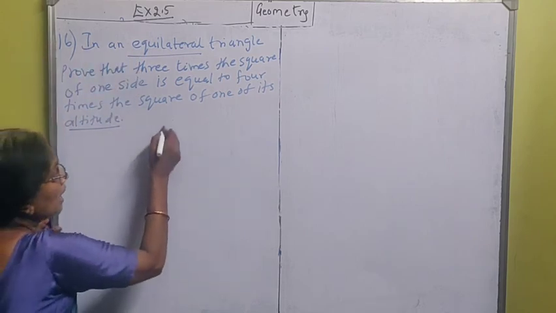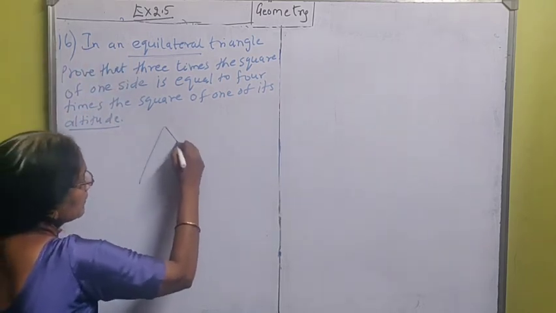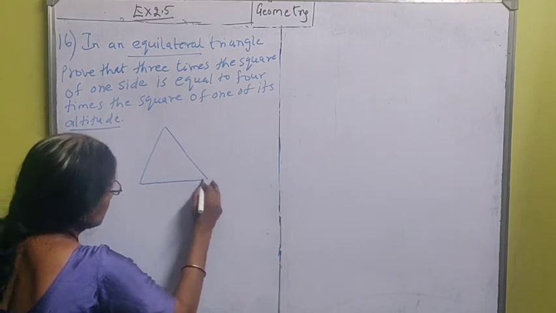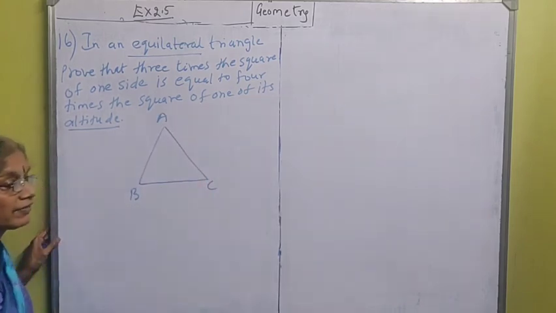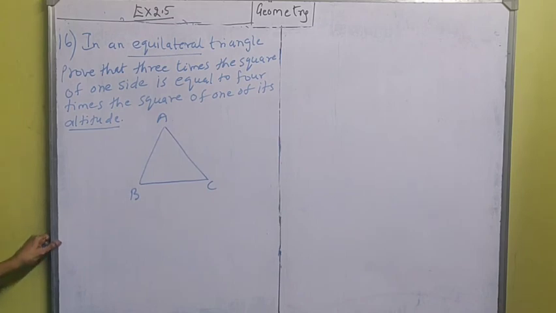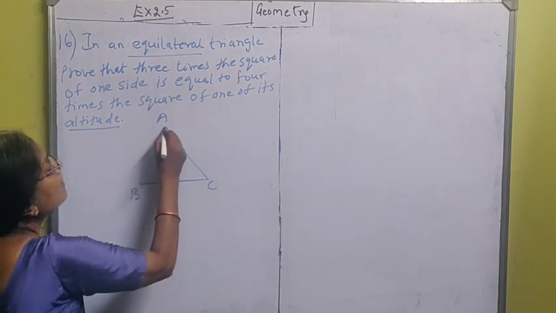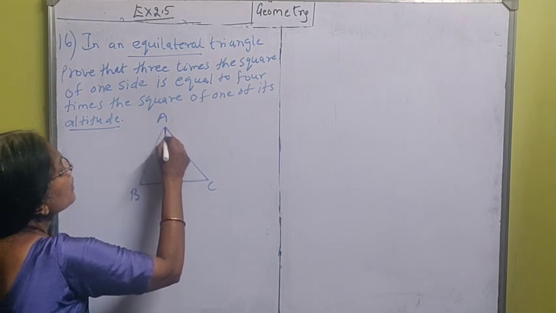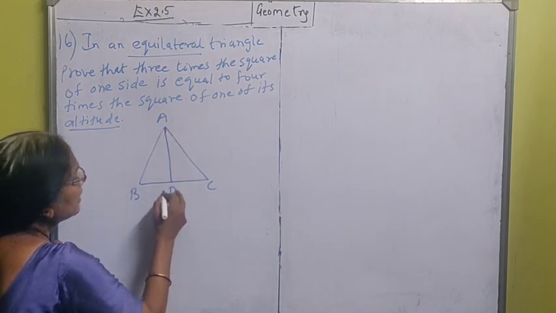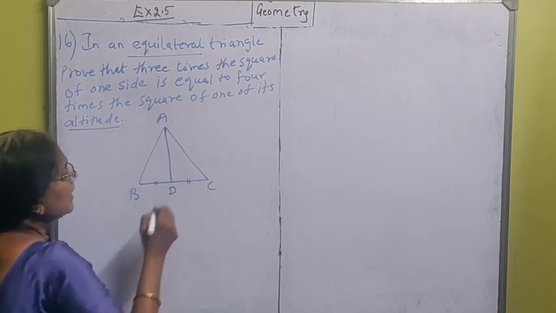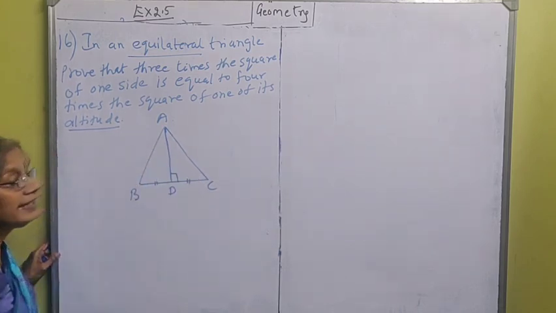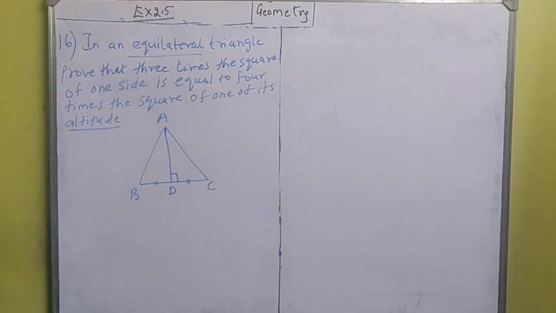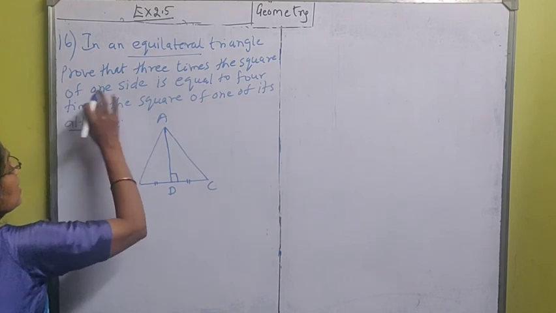Equilateral triangle. So I am going to take ABC as an equilateral triangle. And I am going to draw an altitude. From A I will draw an altitude to BC such that it bisects the base and makes a 90-degree angle. Okay. Now, what he says to prove: 3 times the square of one side.